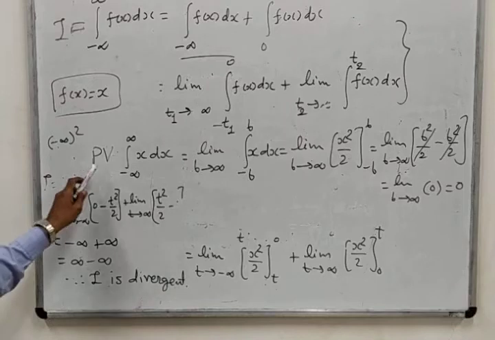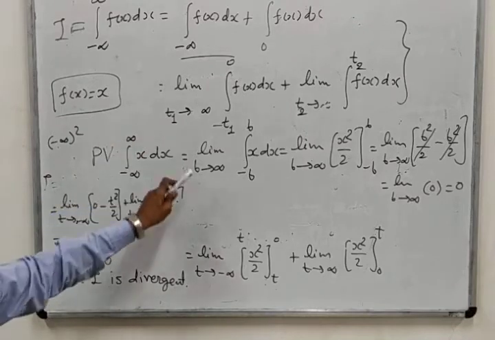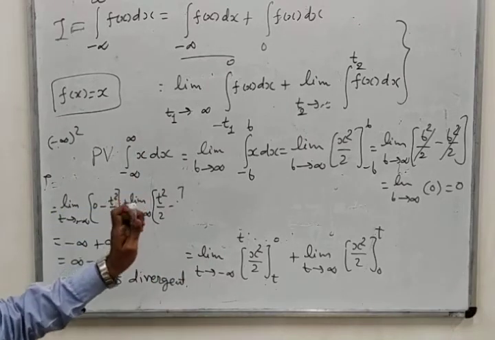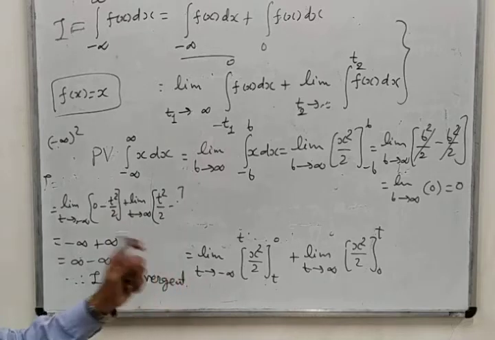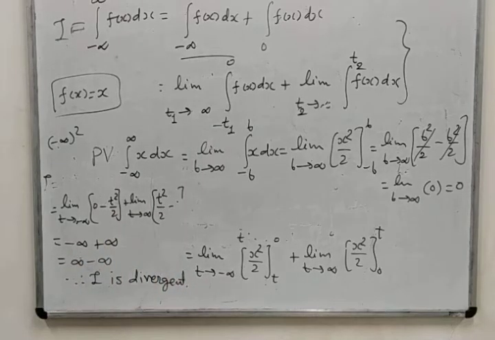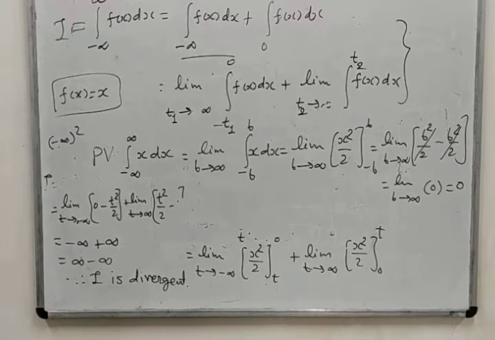That's why I told you that PV, principal value, may exist, but this may or may not exist. But if this value exists, then always principal value will exist. So you must have understood the difference between the principal value and the actual value of the integration.